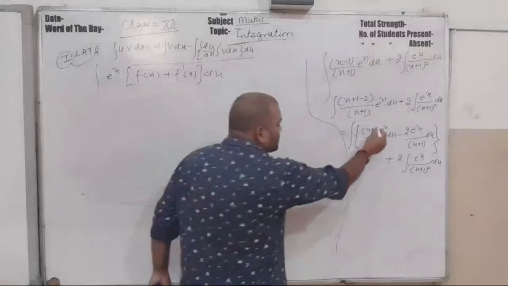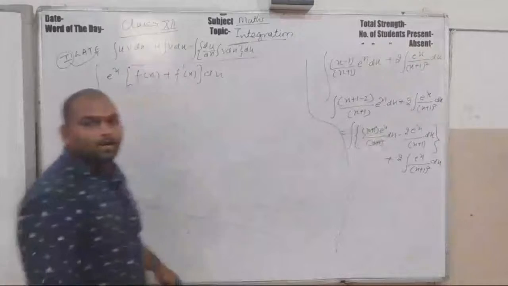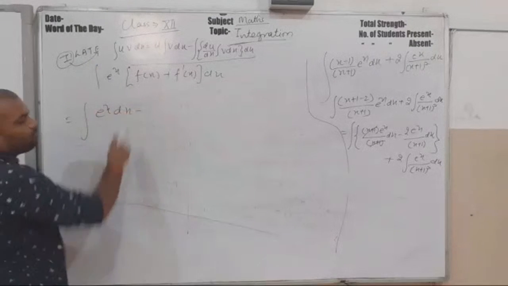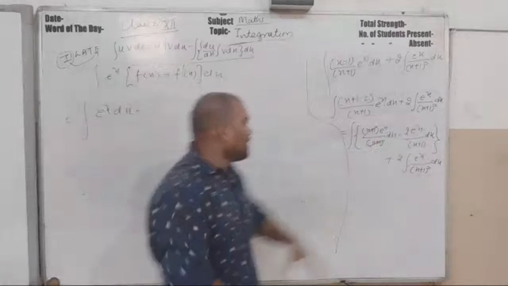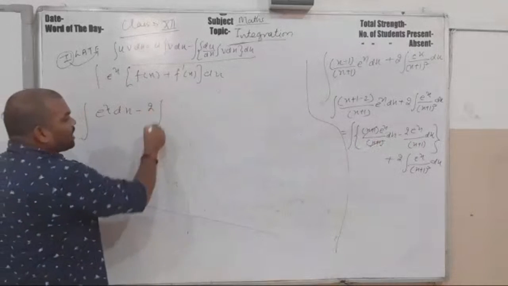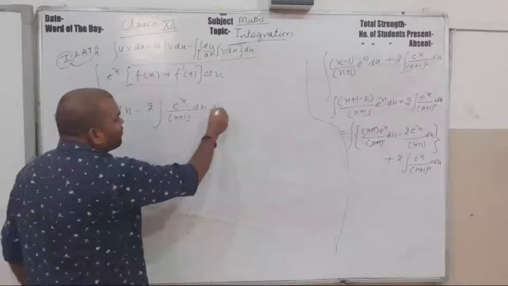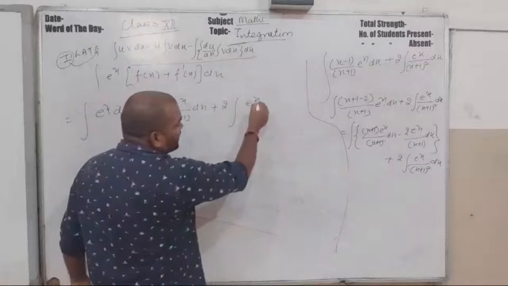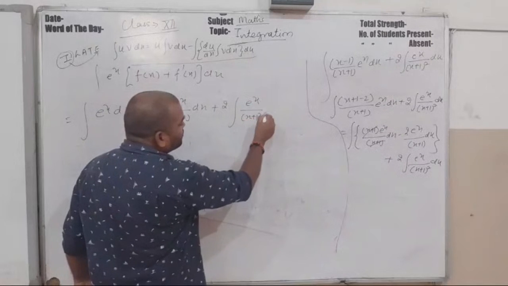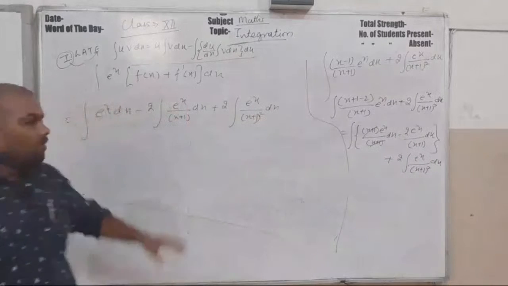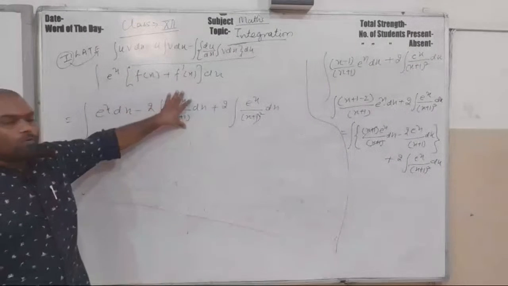Now this portion is cancelled, so our integral changes to the integral of e to the power x dx minus 2 times the integral of e to the power x upon (x plus 1) dx, and plus 2 times the integral of e to the power x upon square of x plus 1 dx. Now we need to integrate this part only.